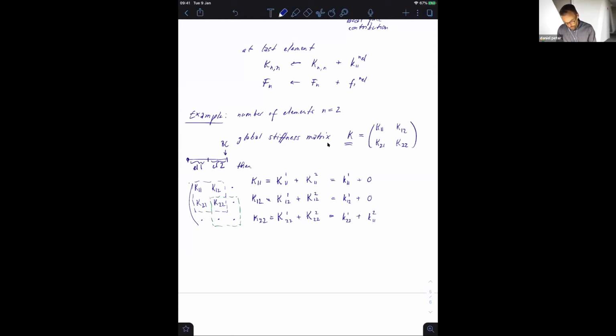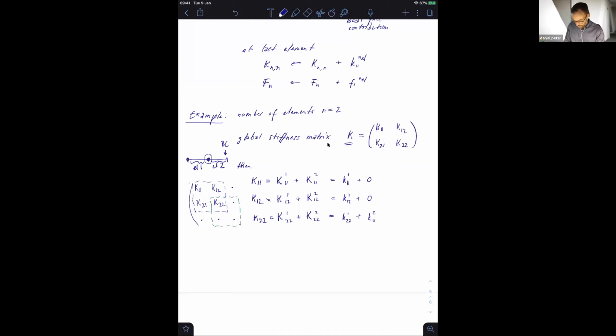So we only have 2 degrees of freedom in our example. And so K22 here has a shared node between element 1 and element 2, but in element 2, in the reference element, the contribution is on the left node, while in element 1 it's on the right node.